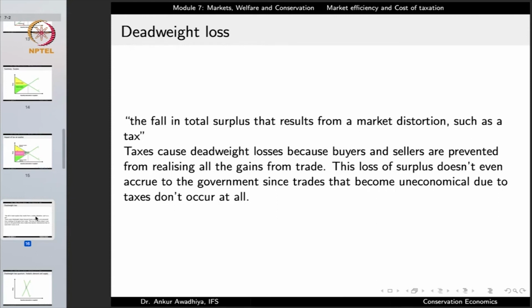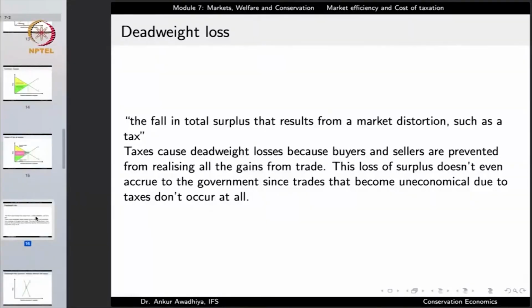Now, taxation is a form of market distortion because the government is changing the natural outcome or the natural equilibrium of the market. Earlier, the price that the buyers were paying was the price that the sellers were getting. But now there is something in between that is not a part of the natural market equilibrium. It has been imposed by the government.